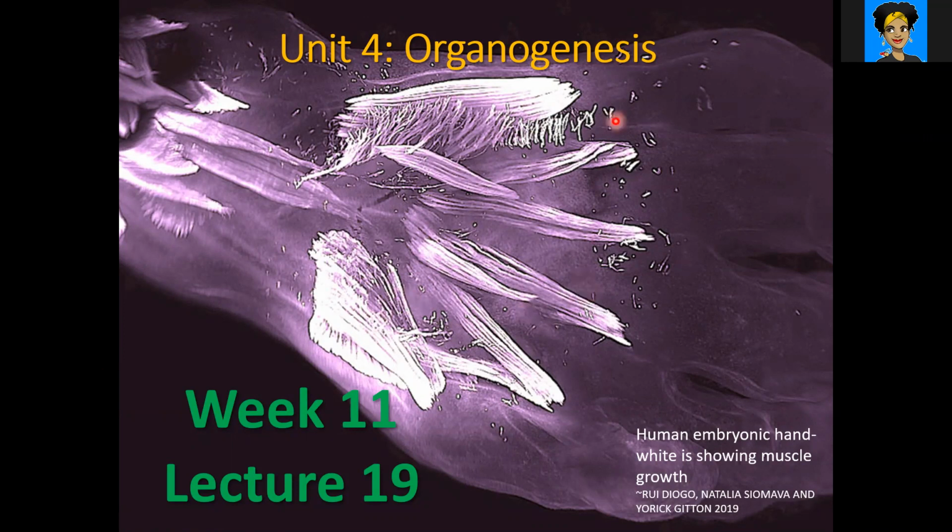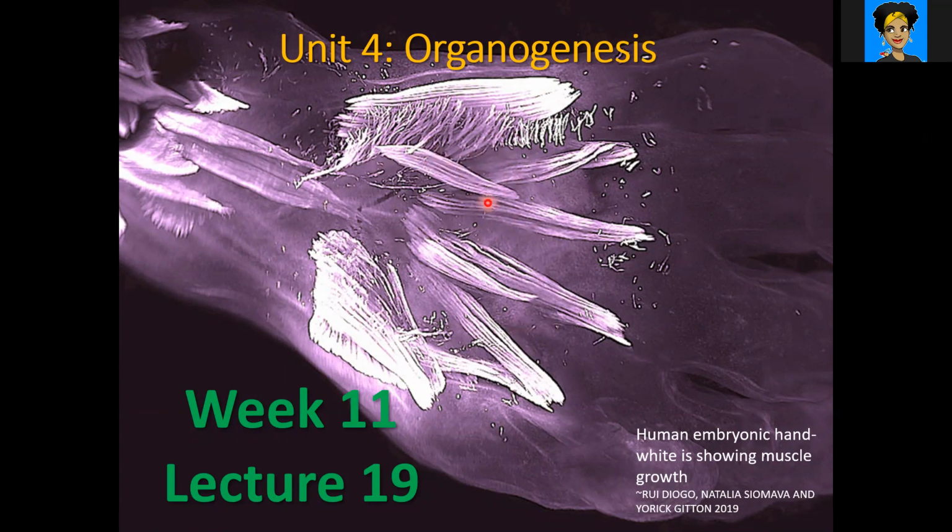And what you see in this really beautiful image here is actually a human embryonic hand, where in the white you can see the muscles forming in the embryonic hand, showing their growth.